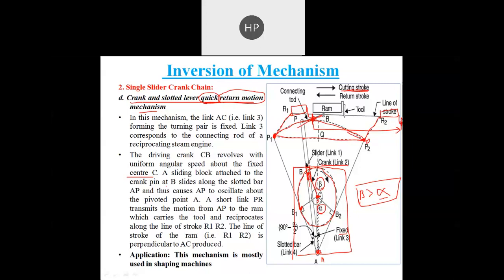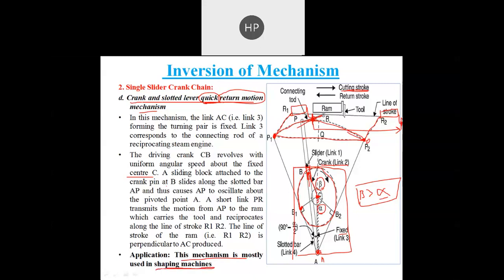Here we have a crank, and this crank has a pin which is in a slotted lever. This AP is a slotted bar, and that's why it is known as a crank and slotted lever quick return motion mechanism. And this mechanism is mostly used in a shaping machine.